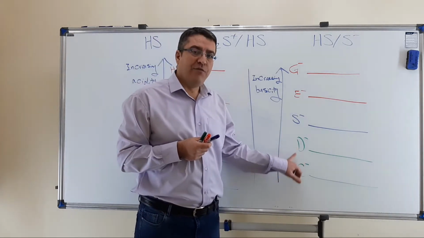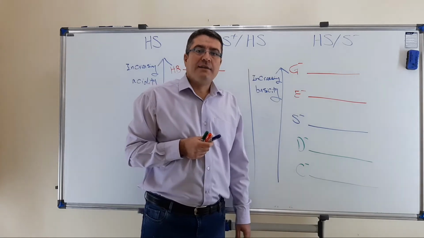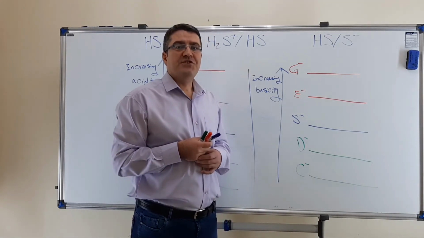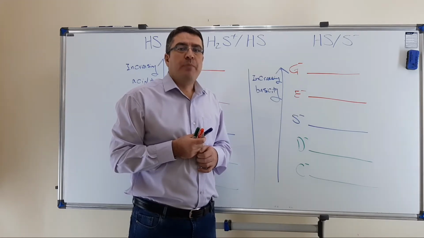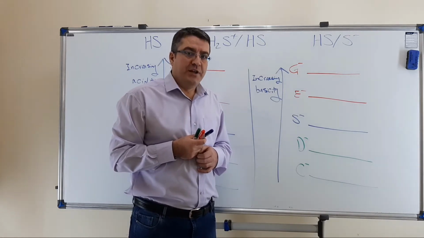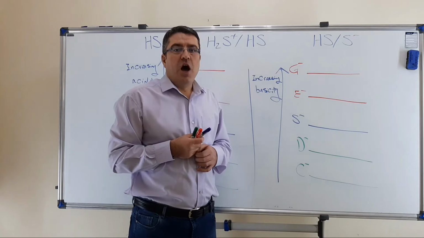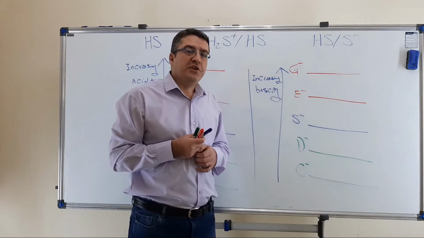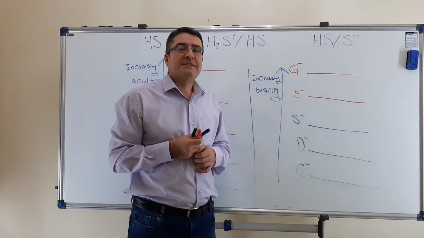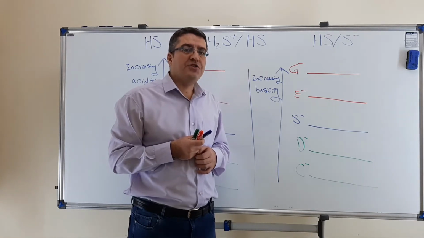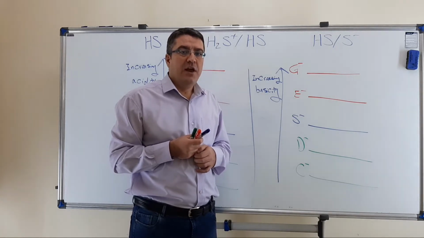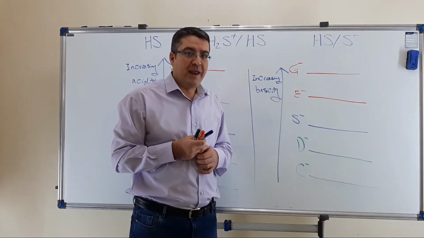On the other hand, for weak bases, the base dissociation reaction is not complete. Not all of the initial base is dissociated. In other words, associated equilibrium constants or basicity constants are small, and a significant fraction of the initial reactants, the initial base, remains.